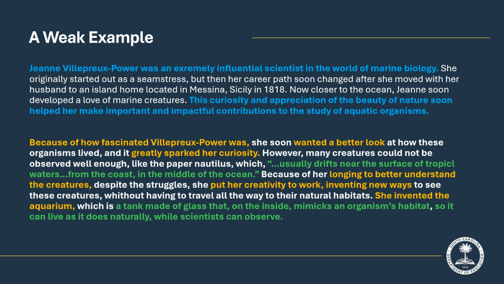In the second paragraph, we notice the use of quotes and paraphrasing in green. In orange, we see a continuation of the idea that Power used her curiosity to make contributions. There is no mention of how her contributions made her successful in her career. It is implied to the reader, but it is not stated.